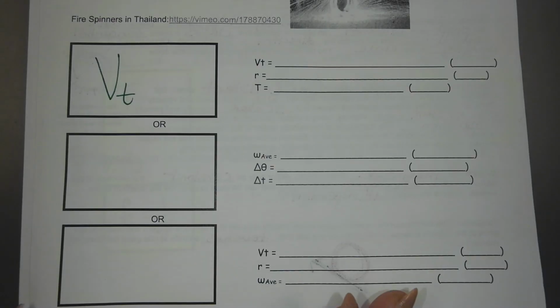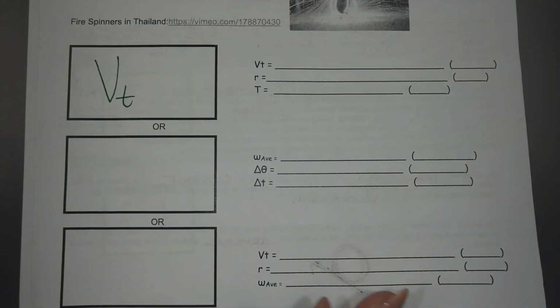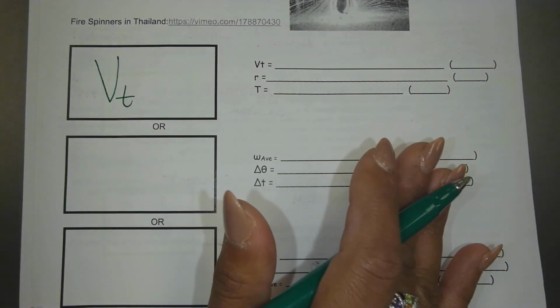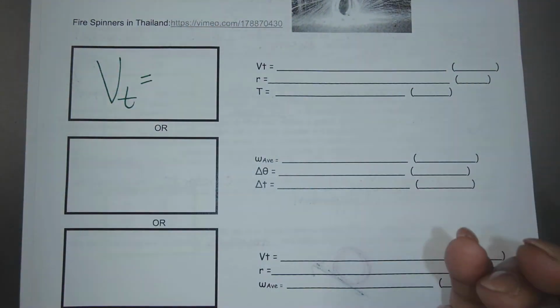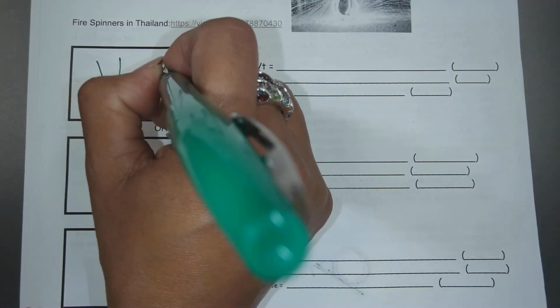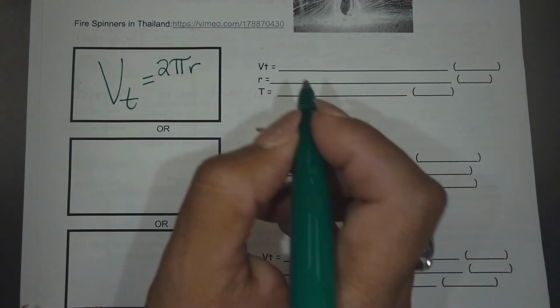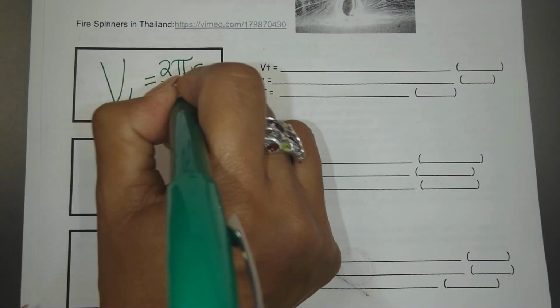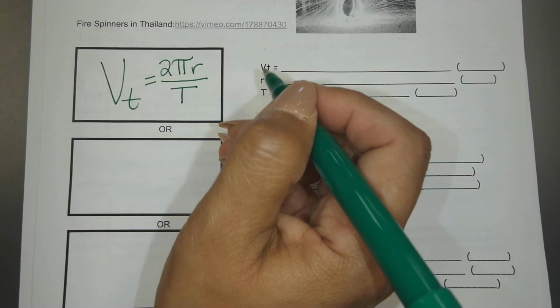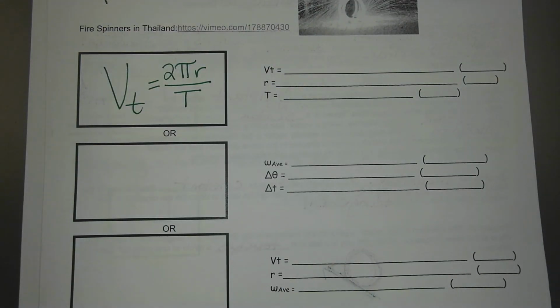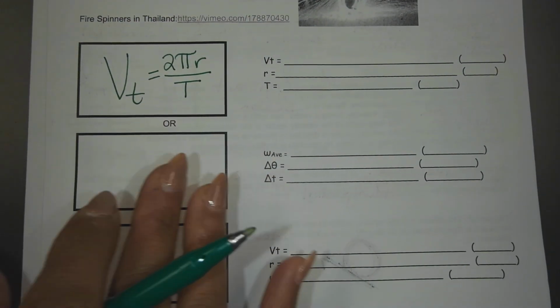Tangent velocity, again, means how fast it's going to shoot off if it was to break loose, is a traditional equation of 2 pi r, oh, that looks familiar, over capital T. That's why we talked about period in the beginning, capital T.